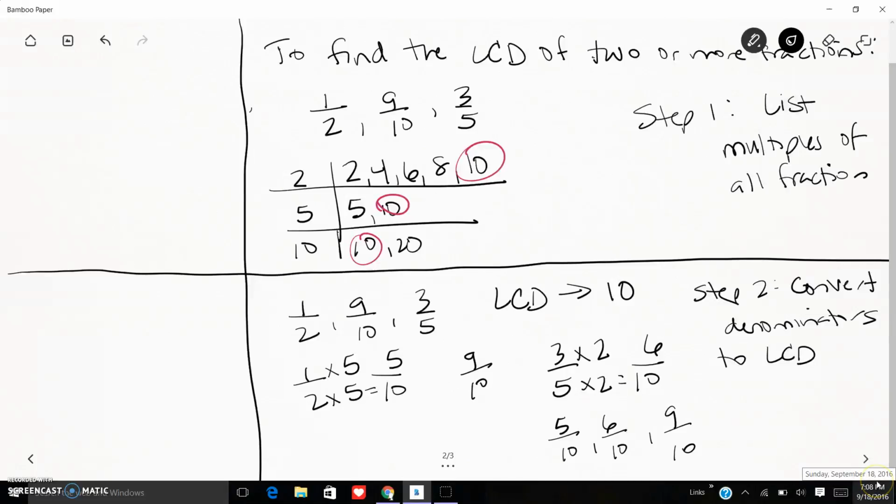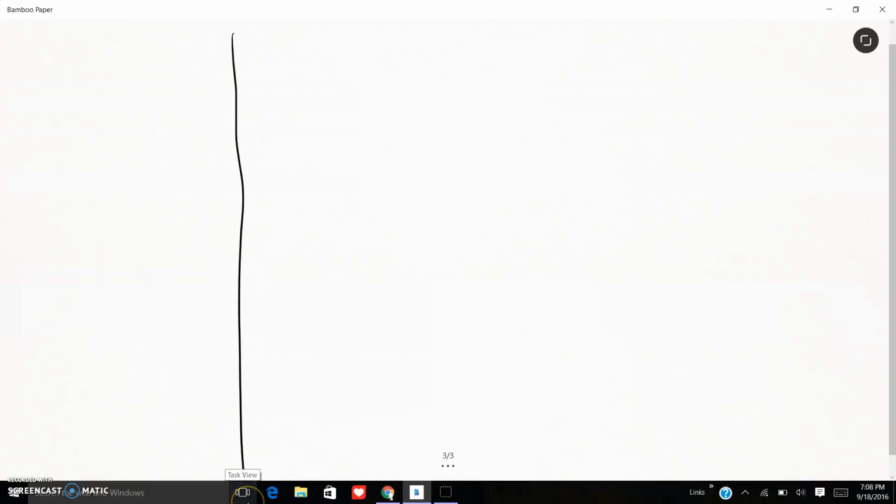All right, so what if you have a question that's asking you to compare a decimal and a fraction? All right, so I'll do your question for you.